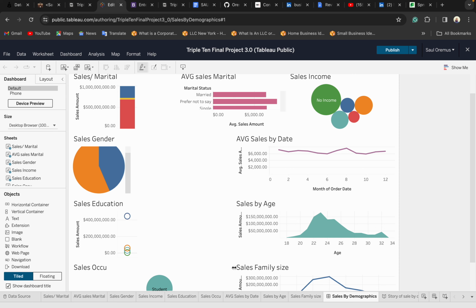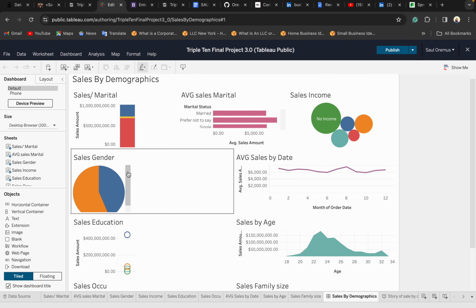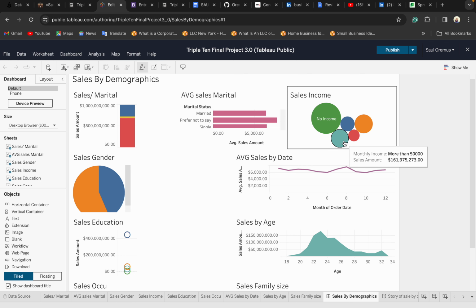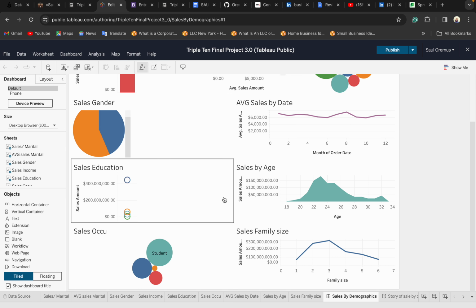Another thing we could do is make personalized campaigns for different demographics that we're seeing lower buying from, like married couples, married people. You could maybe appeal to them with personalized marketing, as well as people with higher incomes. Maybe some more luxurious kinds of spending, some different things you can do as well.